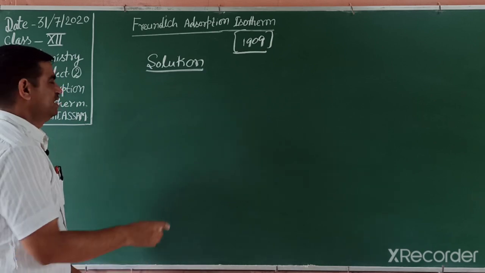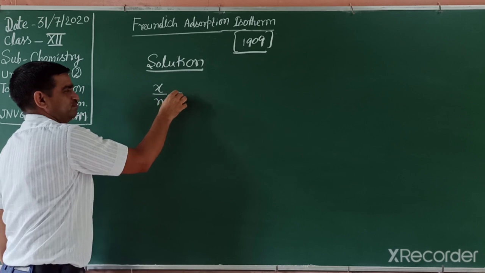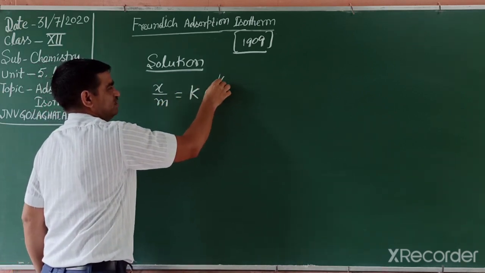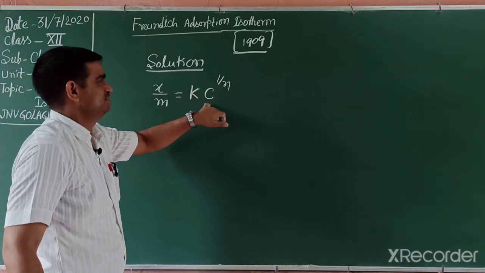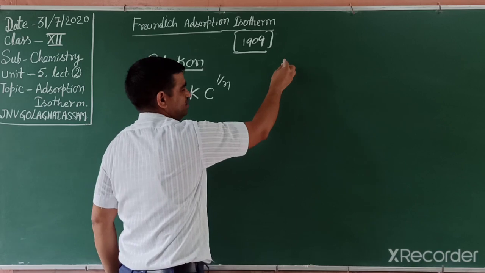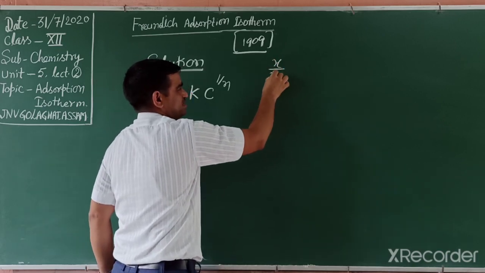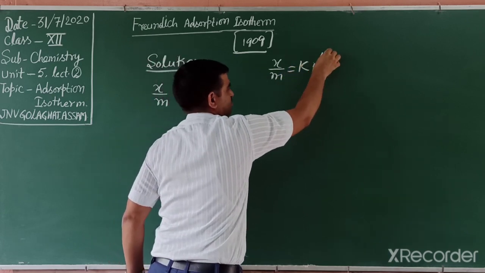In solution we write extent of adsorption x by m is equal to k concentration power 1 by n. Only the difference, in place of P there is C. In solid, when gas adsorbs on solid, that is x by m is equal to k p power 1 by n.